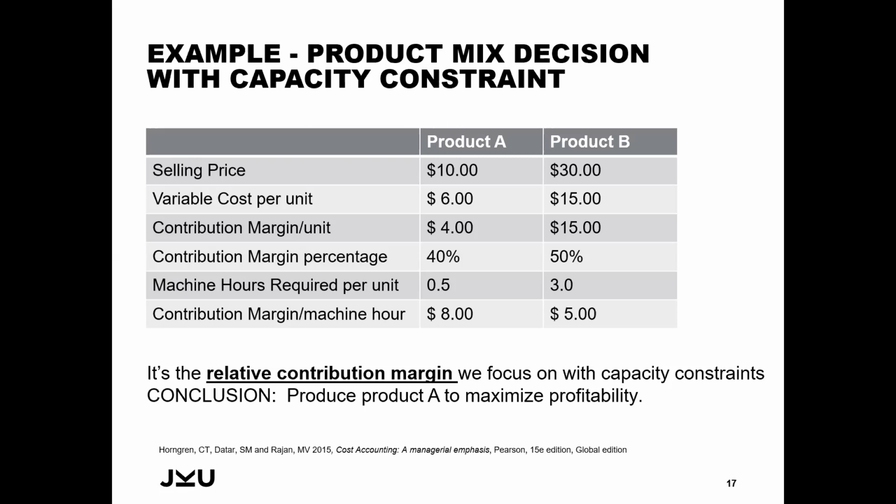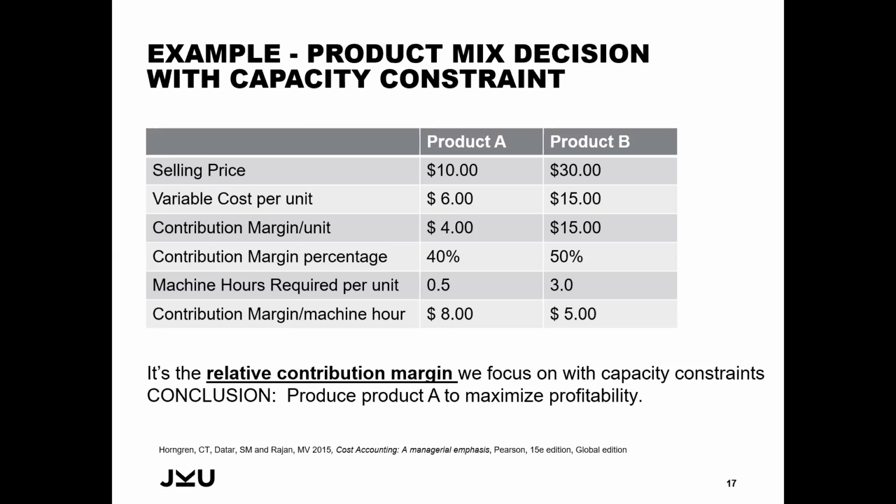Product B, however, needs 3 hours production time on that machine. So this is important information because let's just calculate. While we produce product B within the 3 hours, we could actually produce 6 times as much of product A.